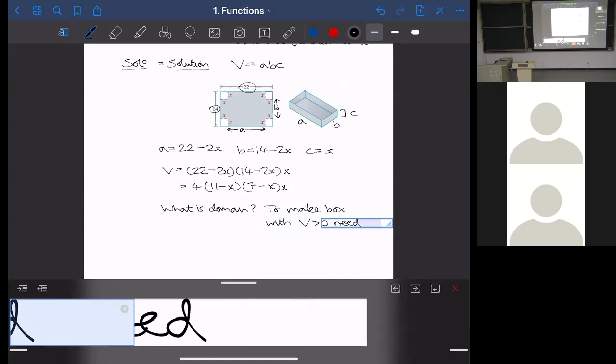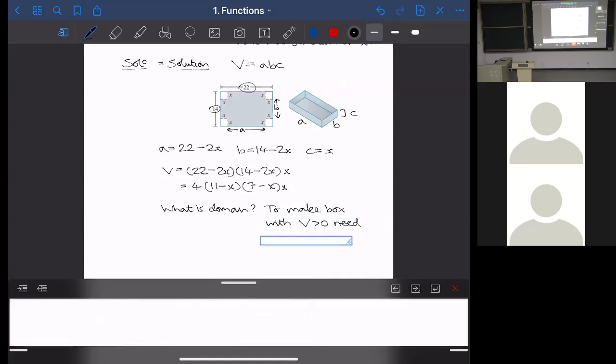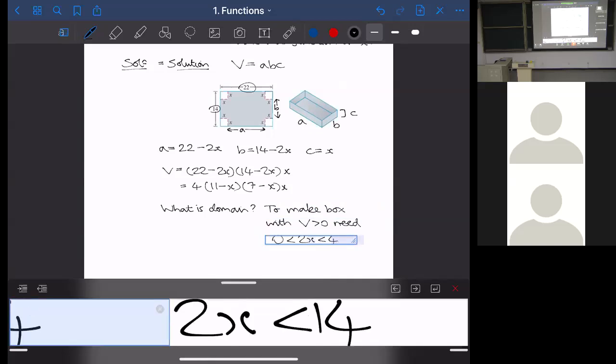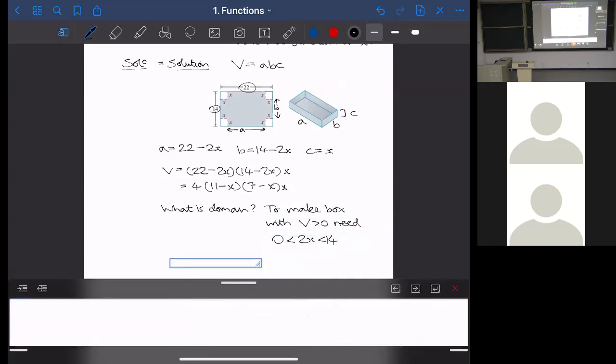So to make a box with volume more than 0, I need this inequality to hold. Okay, do you see why? Because if 2x is larger than 14 up here, then, well, the cutting doesn't make sense.